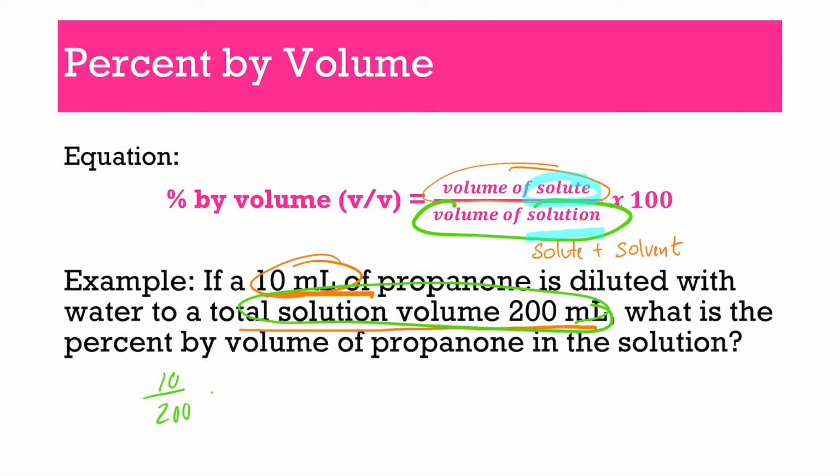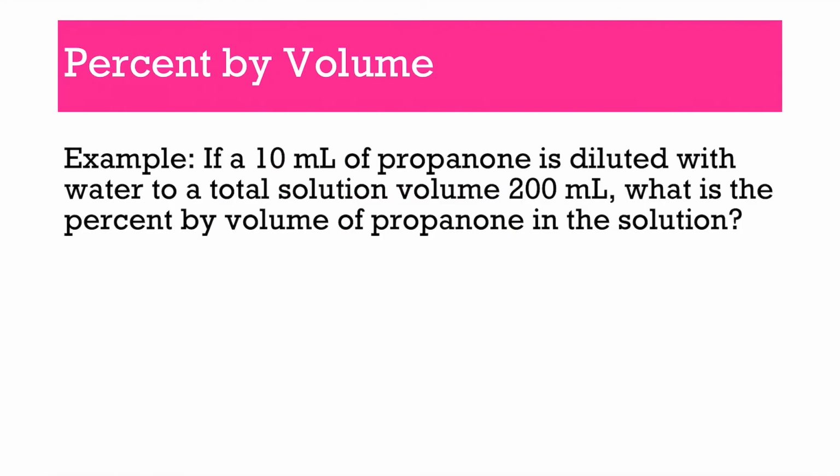So part over whole times 100. 10 divided by 200 times 100 equals 5%. And so that is it. Again, it's literally just part over whole times 100. You have to just make sure you're given the whole.